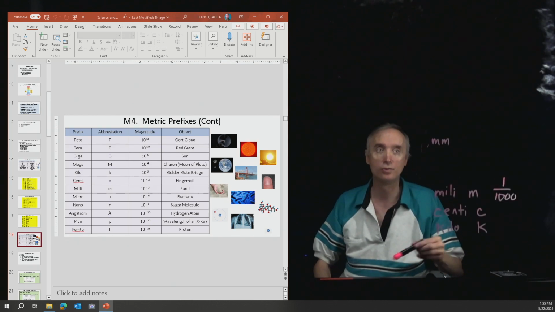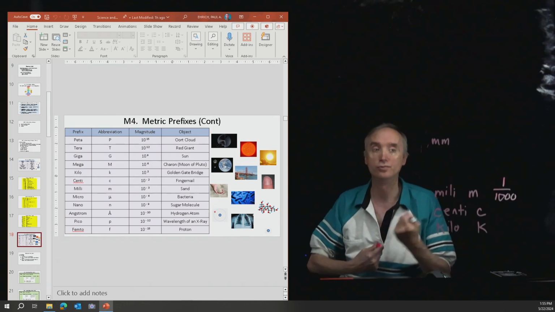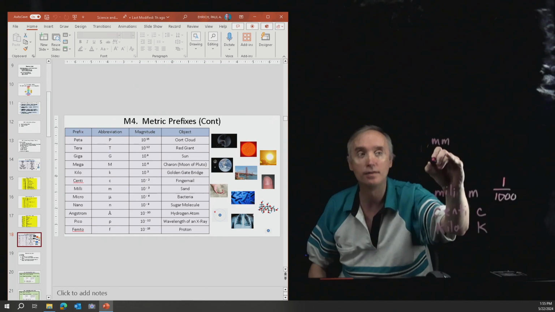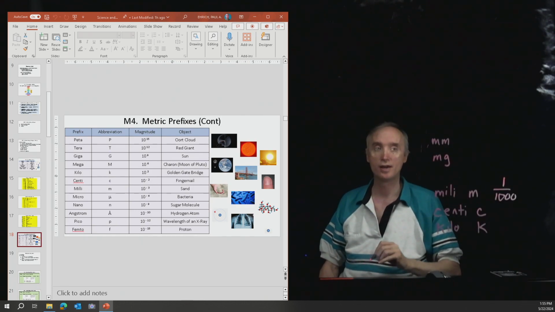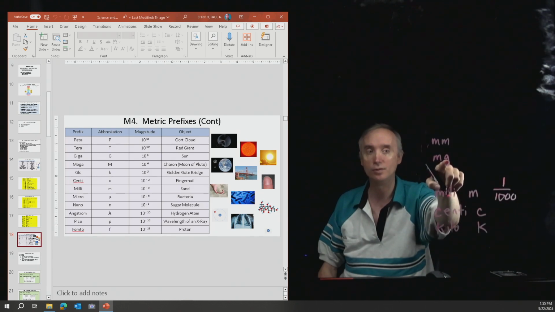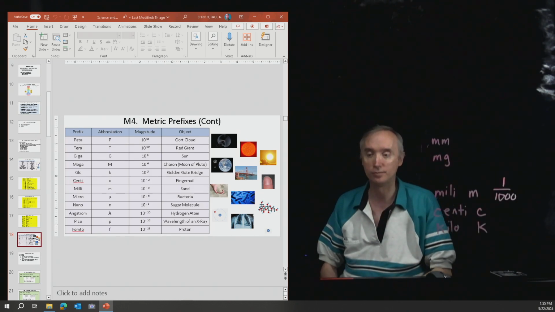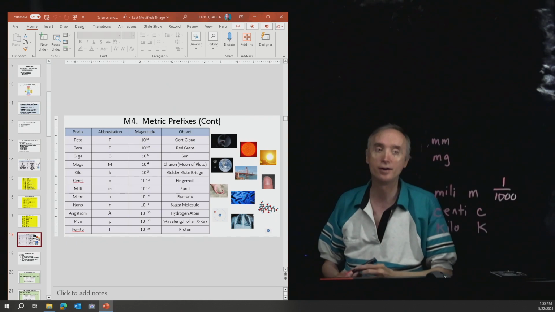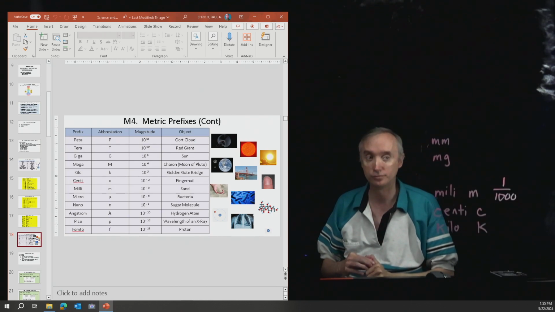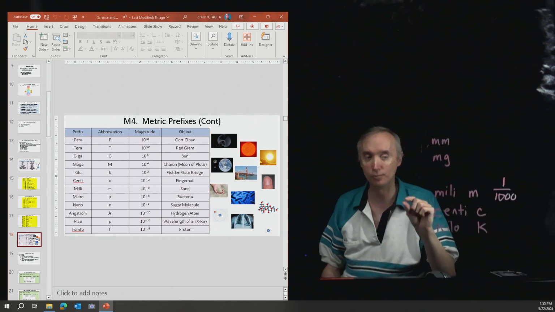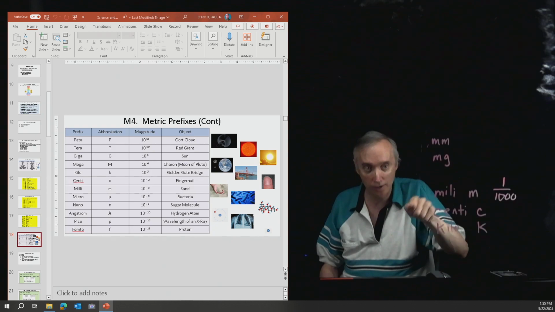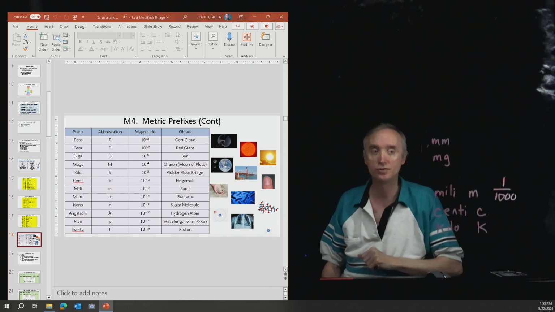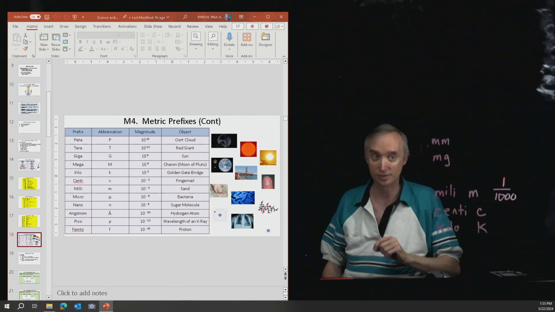You could also tack that on to the word gram, and then you would have milligrams. So a milligram is going to be 1/1000th of a gram. A gram is kind of like a paper clip. The mass of a single paper clip is 1 gram. So imagine taking a meat cleaver and chopping that paper clip up into 1,000 pieces.